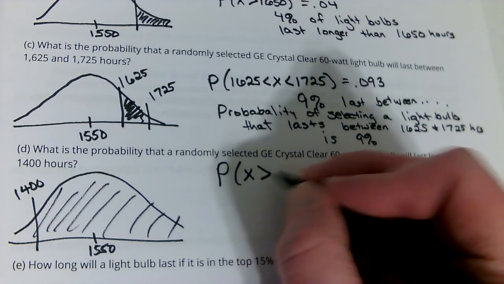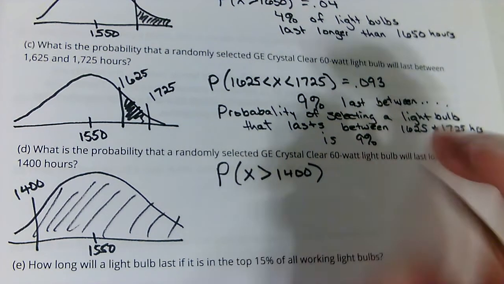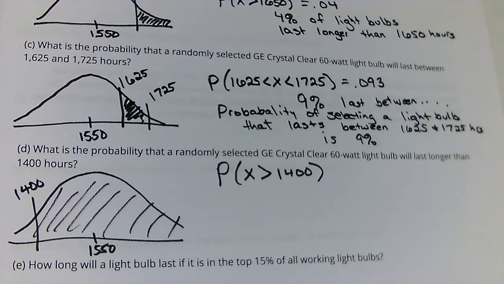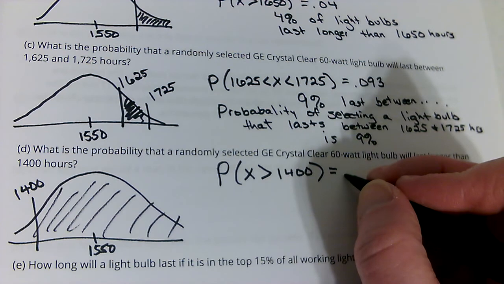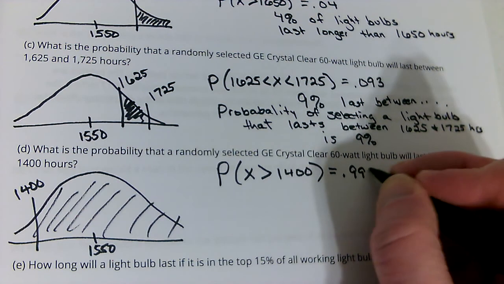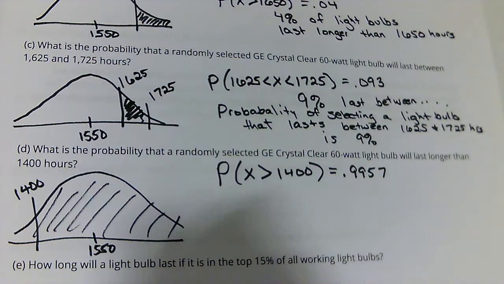So I invite you to do this one kind of on your own. I'm not going to show my calculator, so I want you to try it. And I got 0.9957. That's pretty darn high.